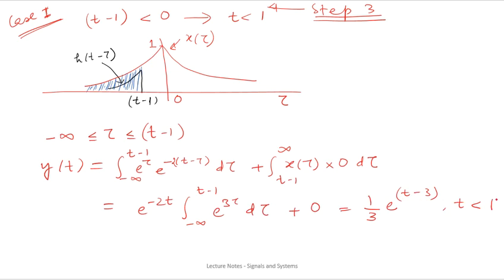Now you have to take the second case as well. So let us take case 2. What will be case 2? That this t minus 1 is greater than 0, from which you get that t is greater than 1.